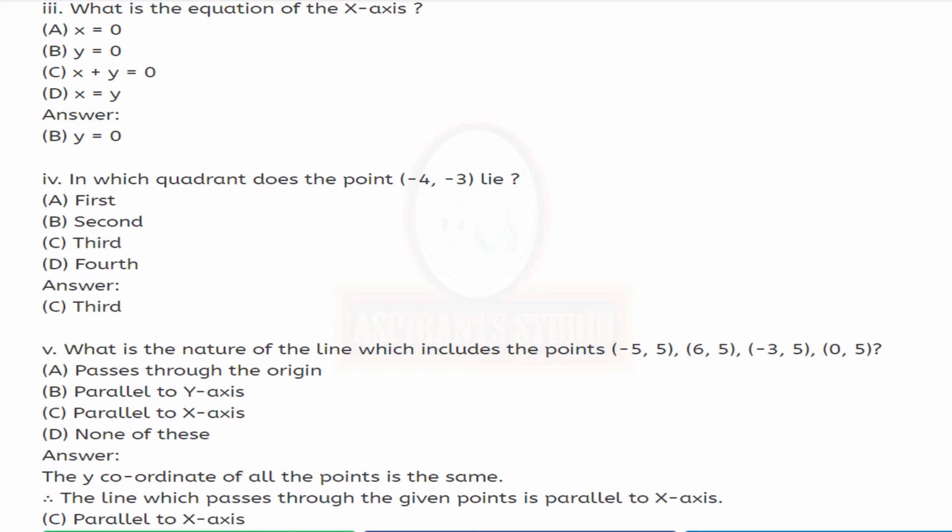The y coordinate of all the points is the same. Therefore, the line which passes through the given points is parallel to the x-axis because y is equal to a constant. So your answer will be parallel to x-axis, which is C.